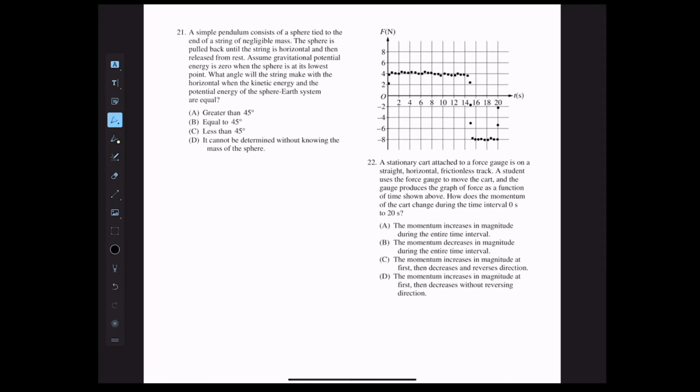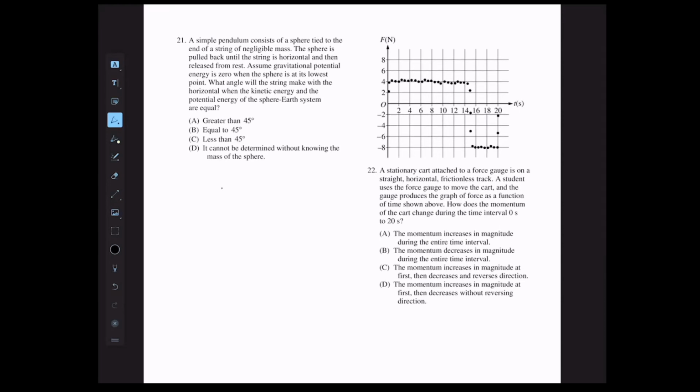A simple pendulum consists of a sphere. At which angle with the horizontal will the kinetic energy and the potential energy be equal? So let's say it's pulled back until the spring is horizontal, and let's say this is the natural length.